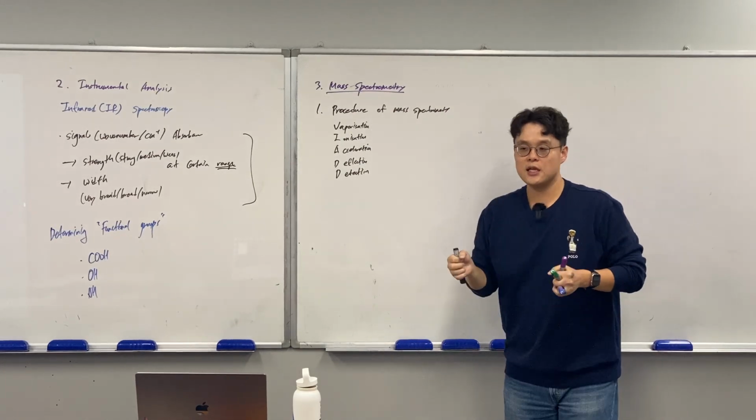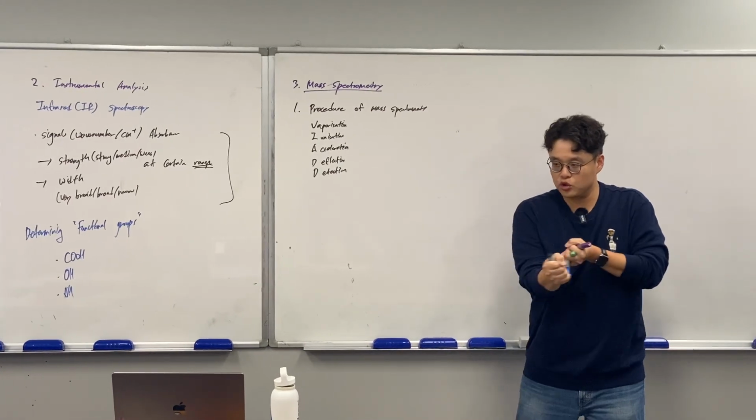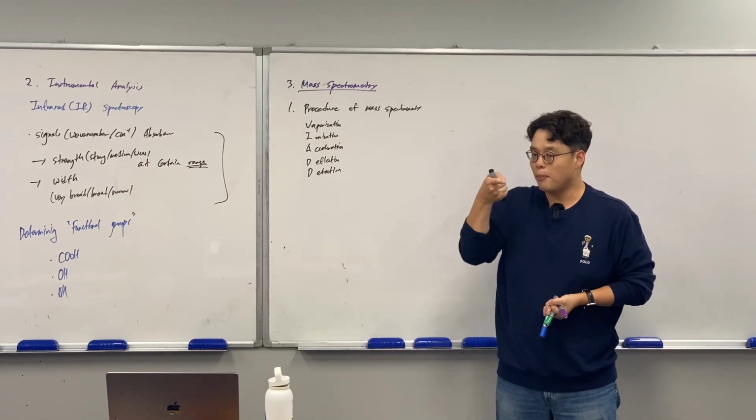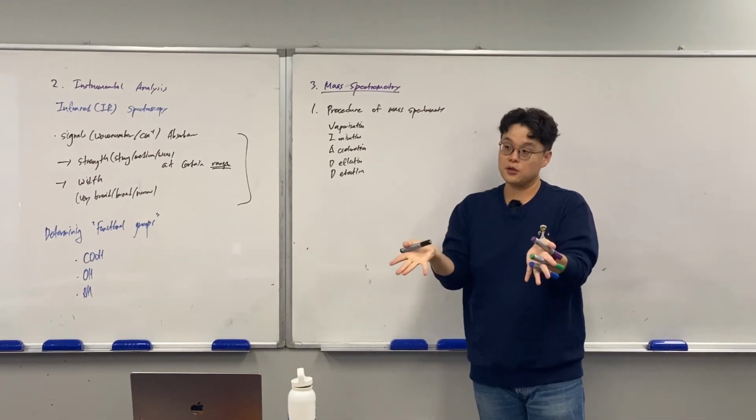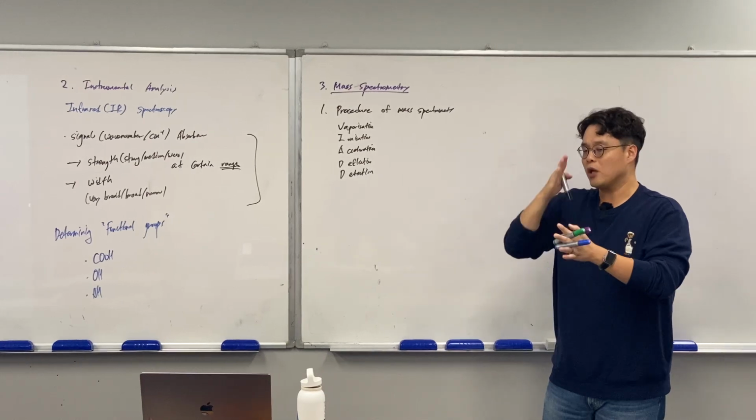Ionization, we're using, remember, an electron gun. What it does is bombard those vaporized molecules, and it makes fragments. We're cutting those.